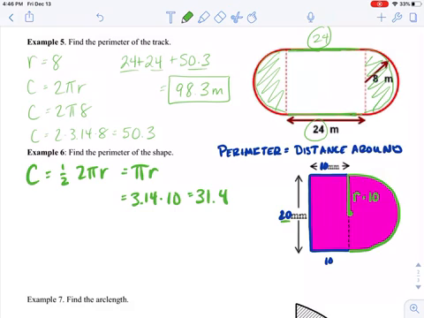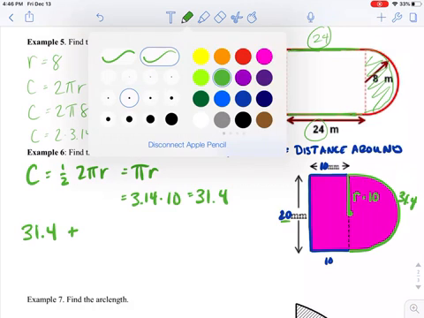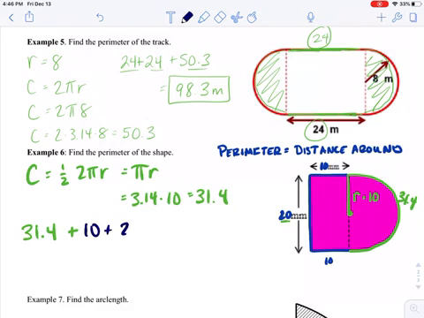So my total distance around, so this is 31.4 here. So my total distance around is going to be 31.4 plus 10 plus 20 plus 10. And when I add that all together, I get 71.4. And my unit is millimeters.